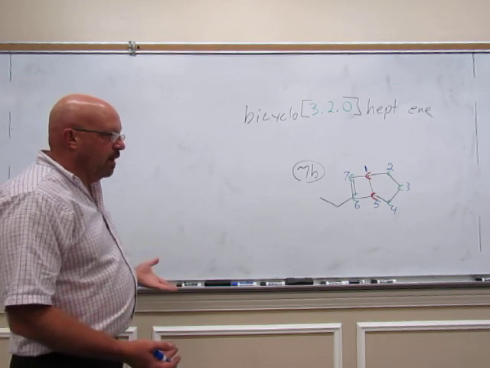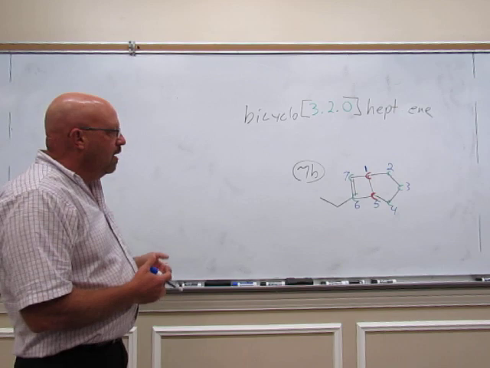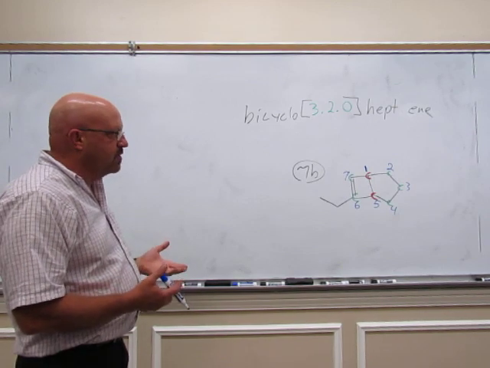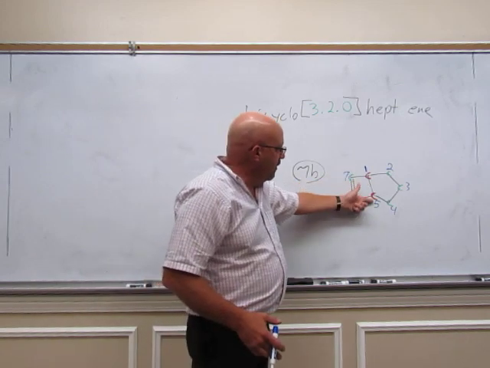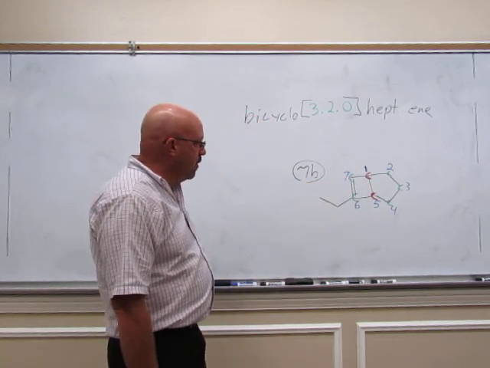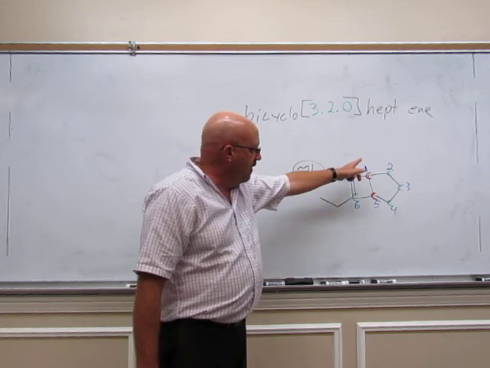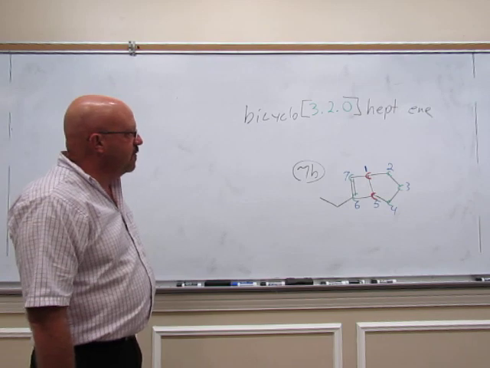We want as small a number as possible for the double bond. It takes precedence over the substituent, but it's carbon number 6. It starts on carbon number 6 no matter which way you number. You can start with either bridgehead and you'll still get number 6 both ways for the double bond. But only this way will give a 6 for the substituent. The other way will give a 7 for the substituent.